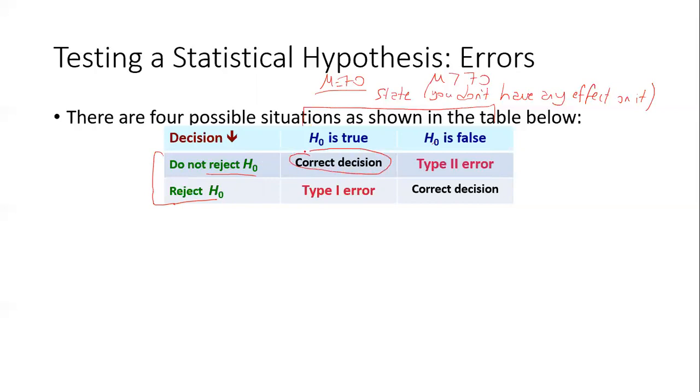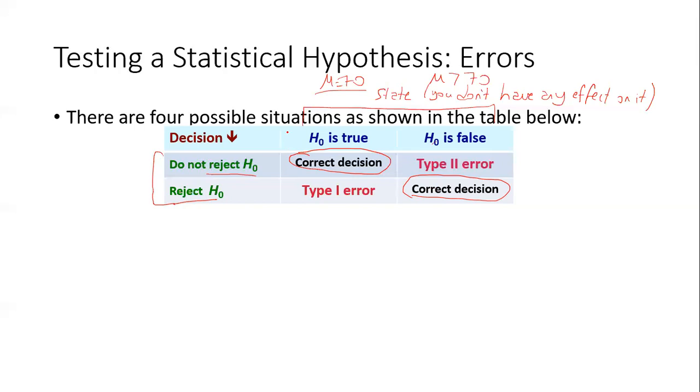You say that I can use mu is equal to 70, and that's correct. Or if H0 is false, mu is not equal to 70, and you reject H0 and say that H0 is not true, then that's a correct decision as well. So these are 2 correct decisions.